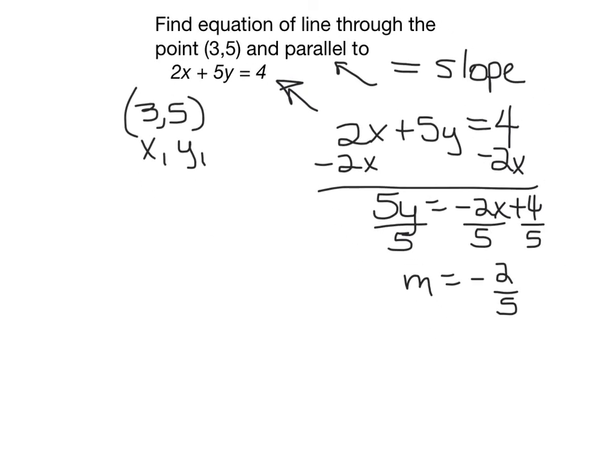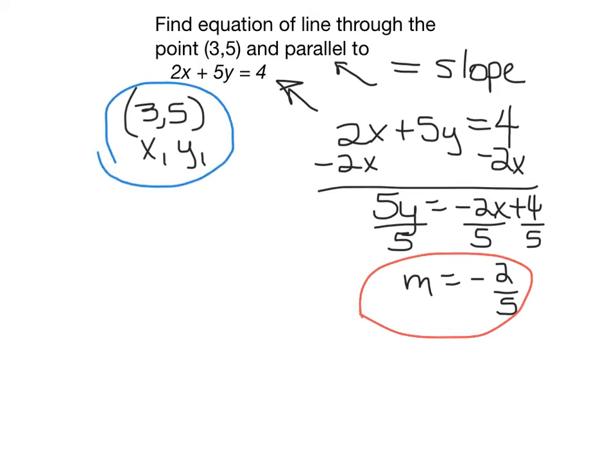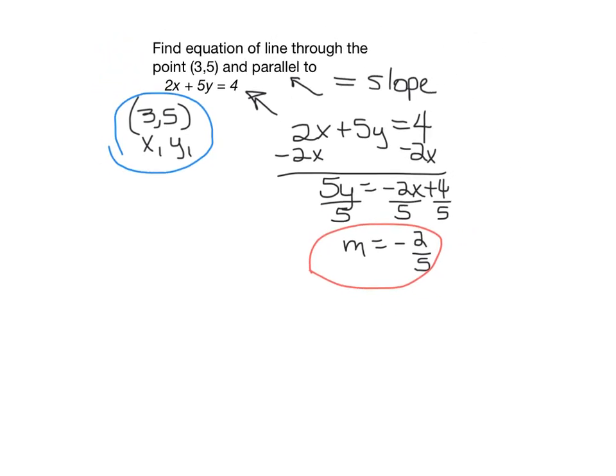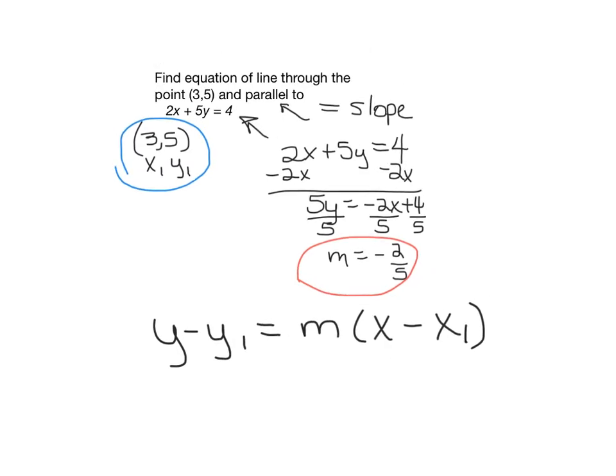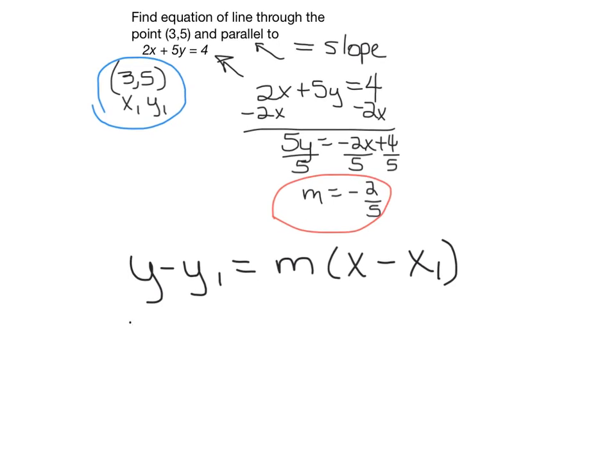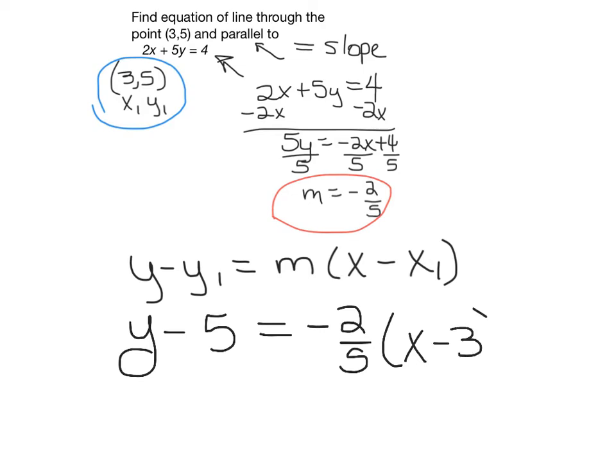So now that I know the slope I'm going to use and my x1, y1, now I can plug it into my point slope form. So I'm going to use y minus y1 equals m, and then x minus x1. I'm going to put in the 3 pieces of information again. So I'm going to put in the ordered pair, which will be y minus 5 equals negative 2 over 5, x minus 3.